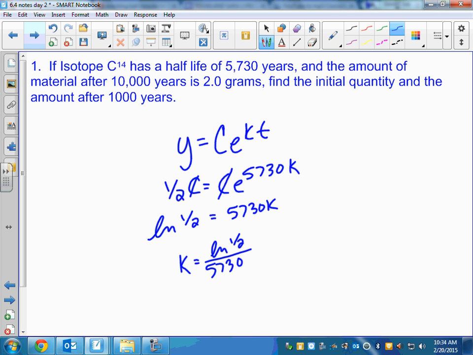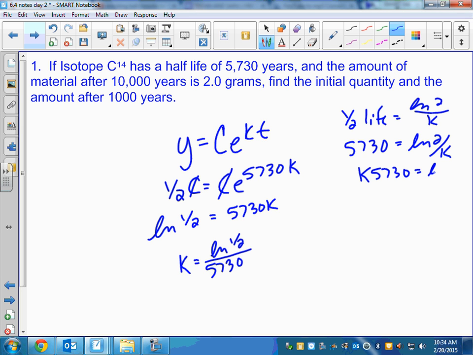And that will give me a negative value for k, so I don't have to think about whether I should put a negative in there. If you use the formula on the other page, half-life equals ln of 2 divided by k, then solving for k, you would say 5,730 equals ln of 2 divided by k, or k times 5,730 equals ln of 2, or k equals ln of 2 divided by 5,730. The difference between these two is that you have to know to put a negative up there if you use this formula. Does that make sense?